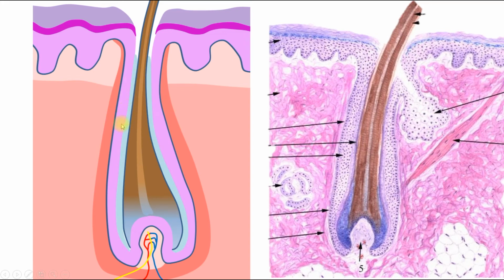And here we can see the inner vagina of the hair follicle. And also we have a muscle which moves hair. It's musculus erector pili. Here we can see it, and it helps to move the hair. It's called piloerection.